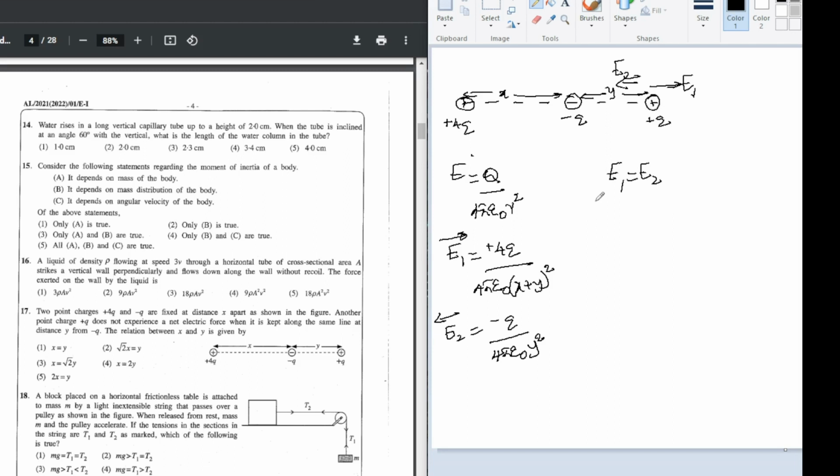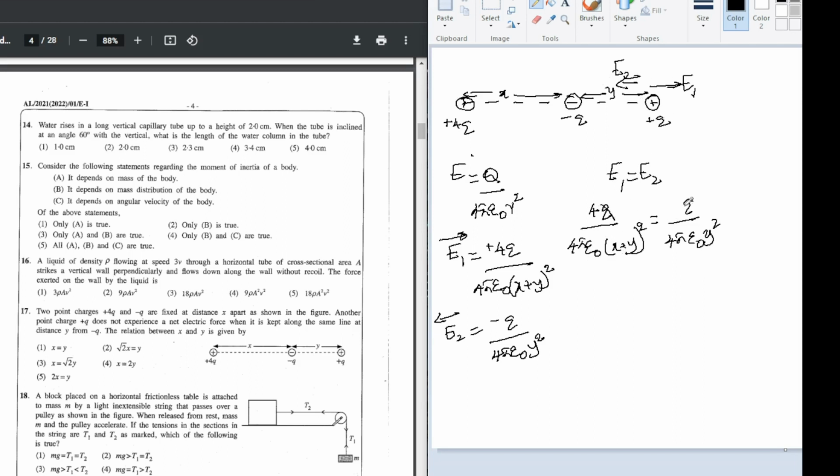That is, 4Q over 4 pi epsilon naught x plus y squared equals Q over 4 pi epsilon naught y squared. We took only the magnitudes because we know the directions of the electric field strength.